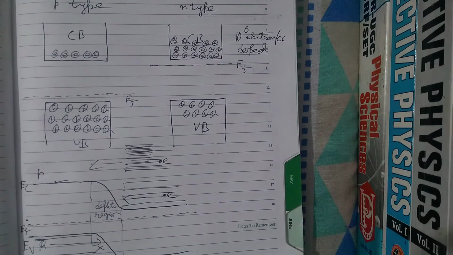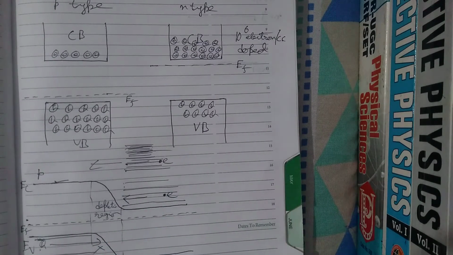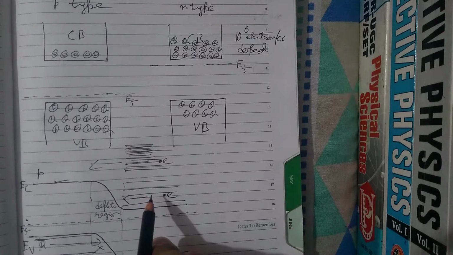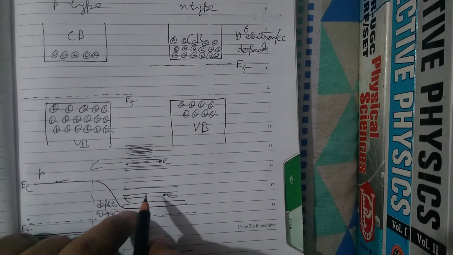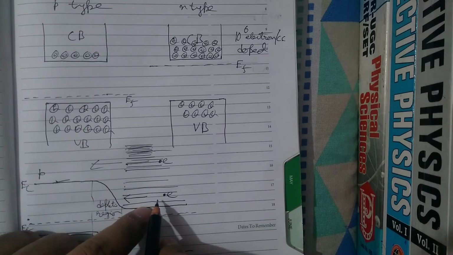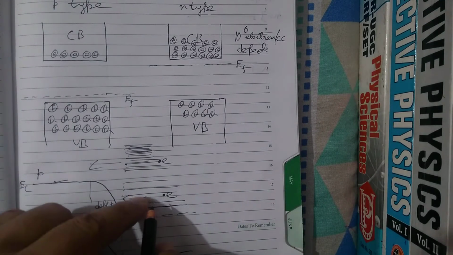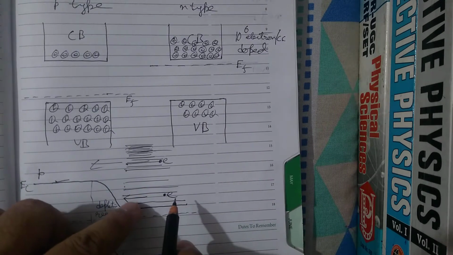In that case, one energy level alone will not do. The density of energy states is very low near the Fermi level, whereas the number of electrons is more here. That is the probability of occupation by the electrons.